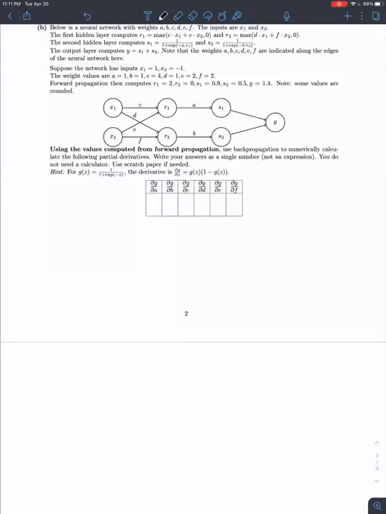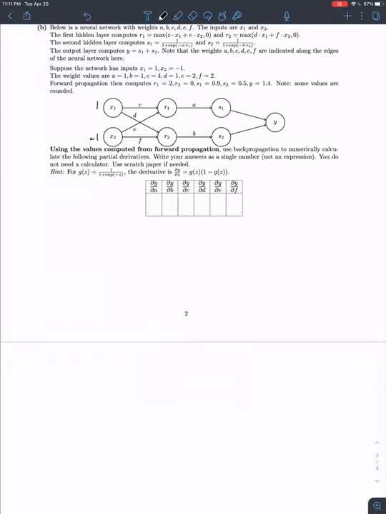The output layer is just the sum of S1 and S2. So we have these weights, and we're running this on one particular input: X1 is 1 and X2 is -1. I'll write in black the feed forward values, and I'll write in red the derivative values.